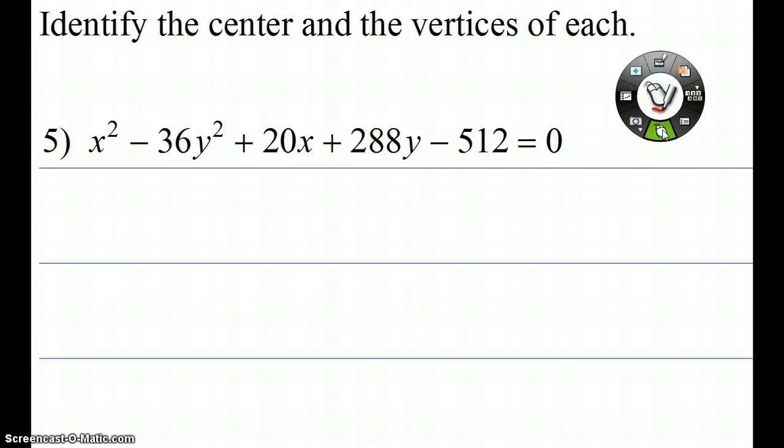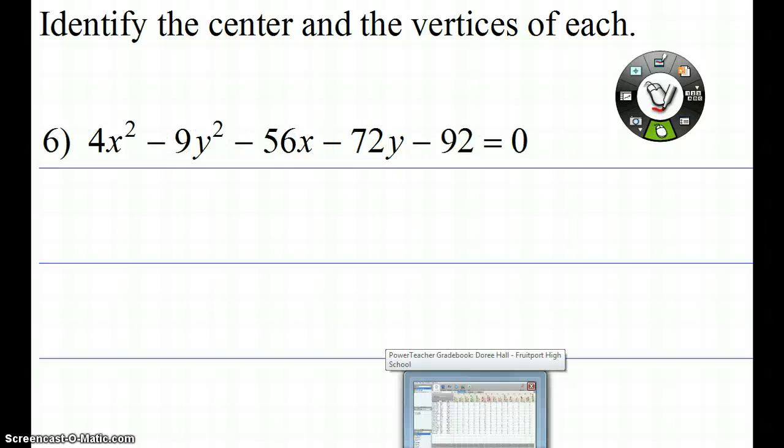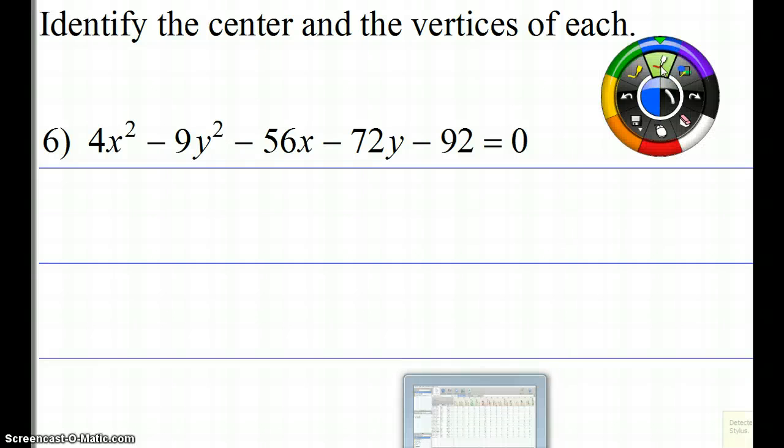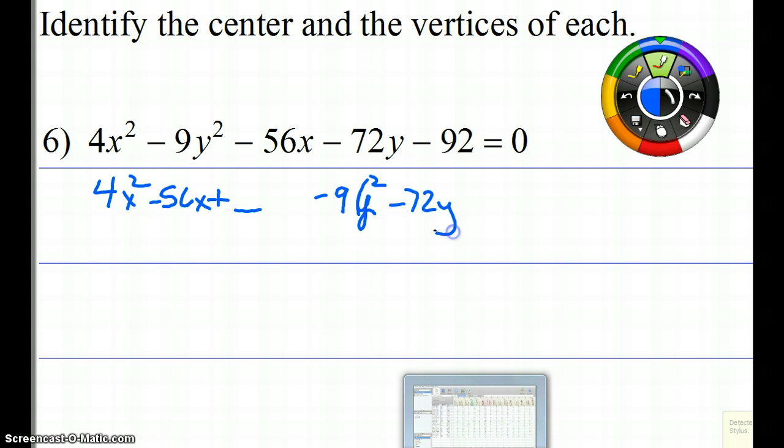So again, the first steps are put the x's and y's together. So let's go 4x squared, 56x. In a minute, we'll complete the square. We get a negative 9y squared minus 72y. We'll complete the square in a little bit and throw the 92 on the other side.